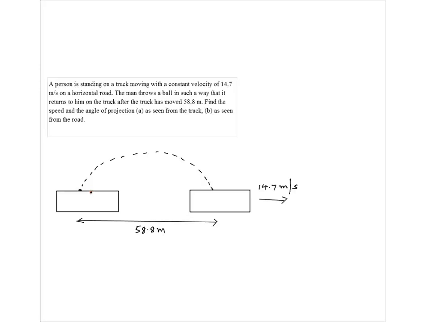But when you drop it here, who is there to stop it from falling? So it does have the same horizontal component, 14.7, the same 14.7 when you drop it. But because there is a non-zero vertical component, it falls and hits the ground.